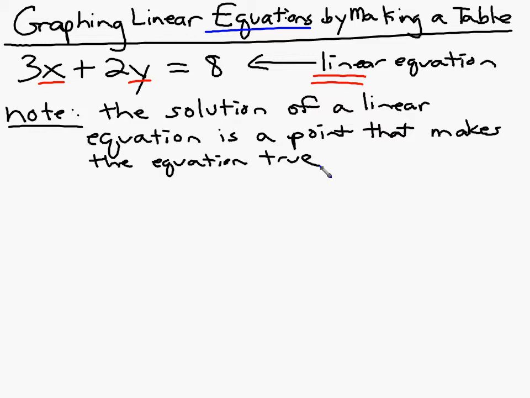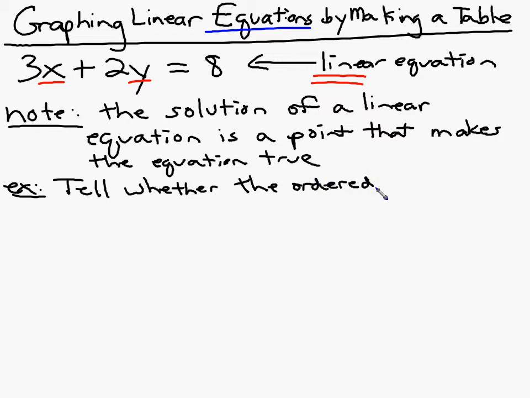One of the first things you're going to be asked to do in homework is to tell whether the ordered pair is a solution. Remember, an ordered pair is just the name of a point.